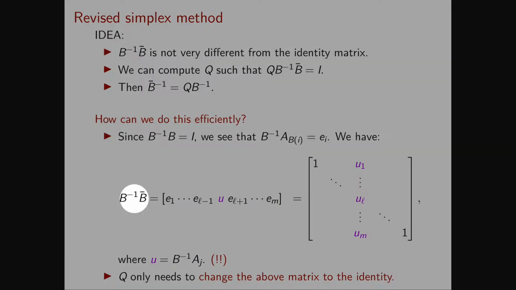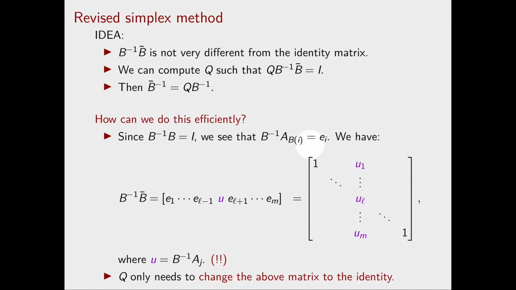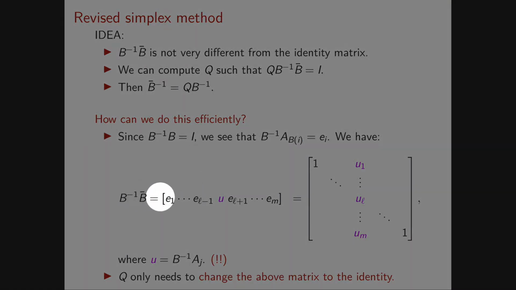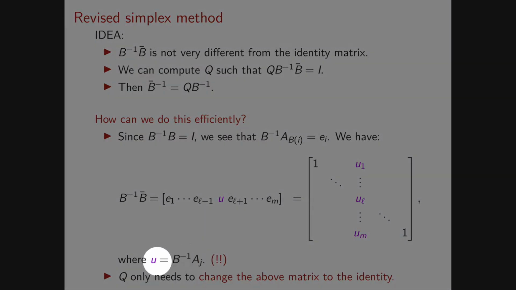Except for the column L of B bar, all the other columns are the same as those of B. Therefore, in this product, the first column will be E1, the second E2, and so on and so forth until EM at the very end, except for the column L, and the column L of the product B inverse B bar will be B inverse times the Lth column of B bar, which is AJ. Therefore, such a column will be exactly our vector u.